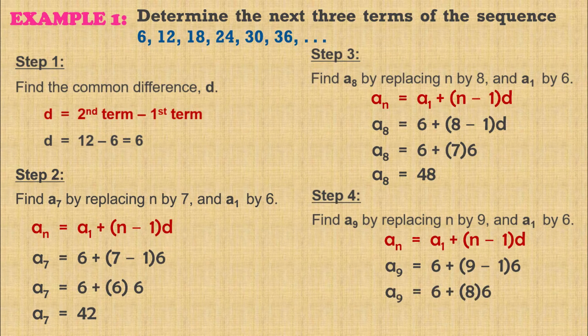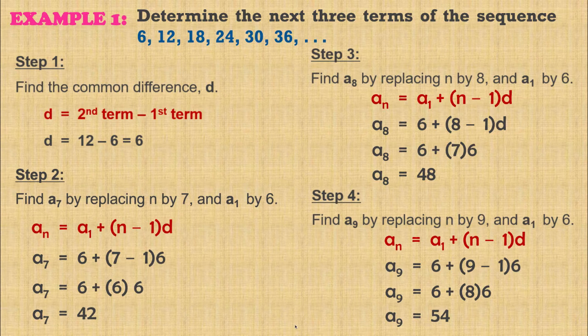So we'll have a sub 9 equals 6 plus 8 times 6, which is 54. So the next three terms of the sequence are 42, 48, and 54.